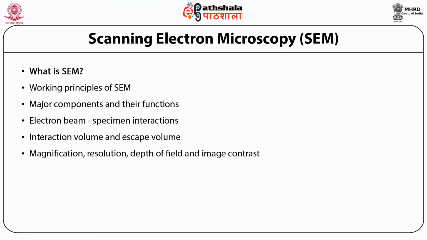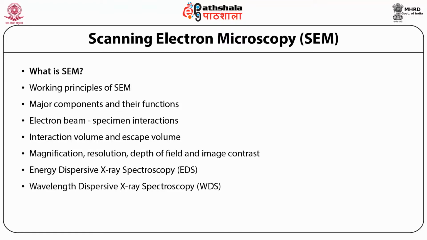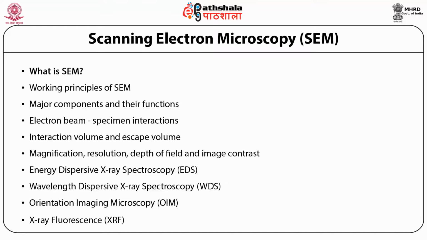We have four kinds of spectroscopy. First is energy dispersive X-ray spectroscopy, EDS. Second is wavelength dispersive X-ray spectroscopy, WDS. Third is orientation imaging microscopy, OIM. And lastly, we have X-ray fluorescence, XRF.